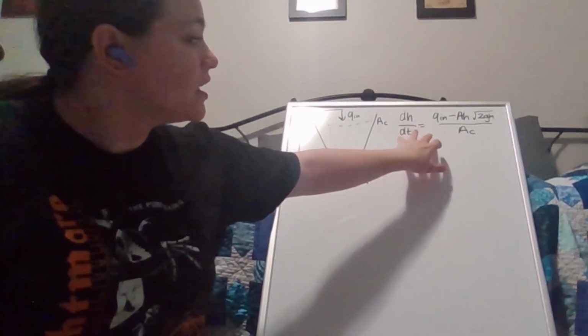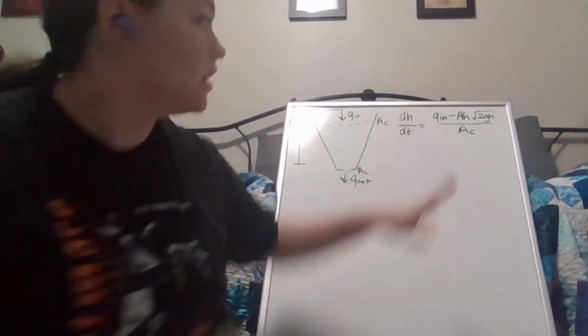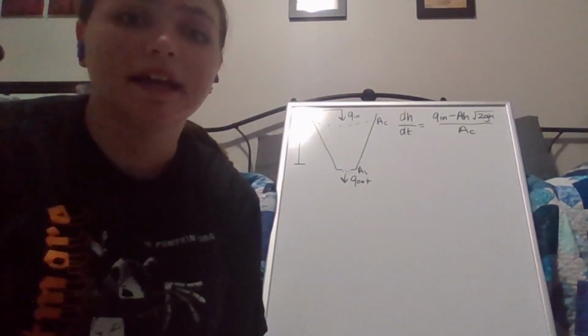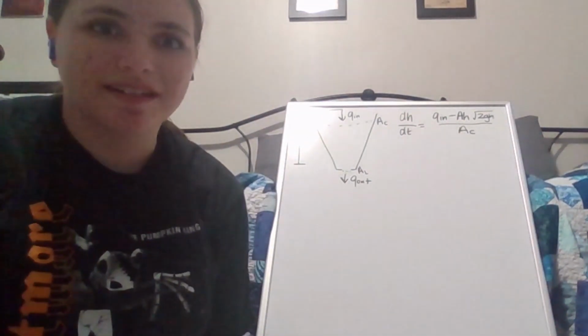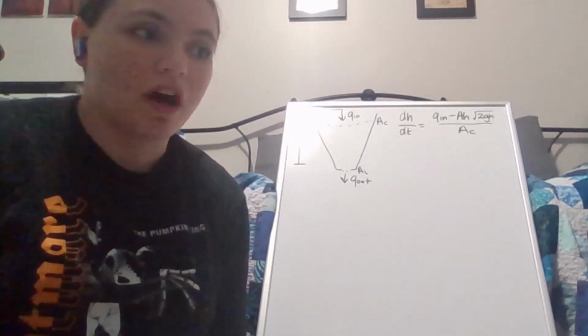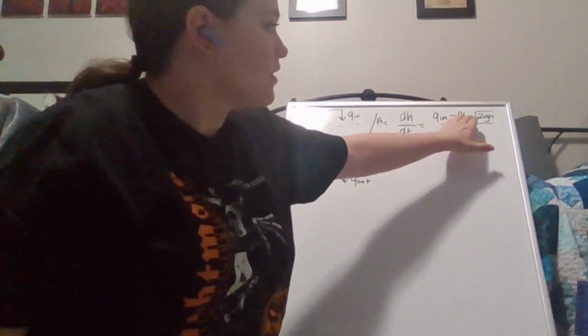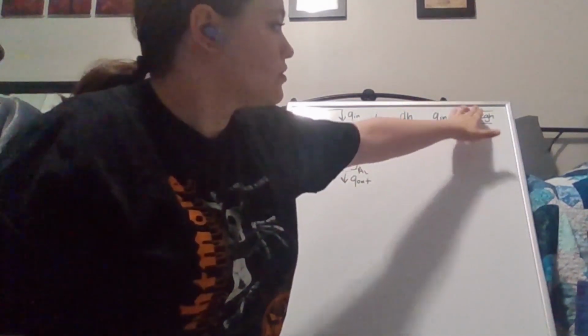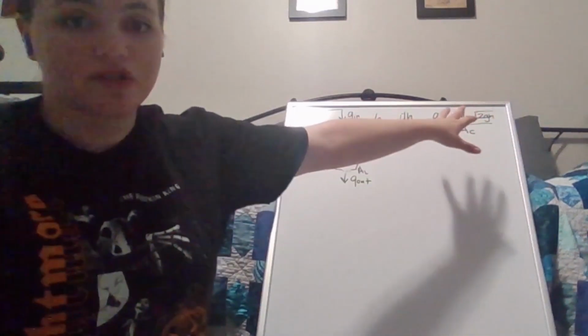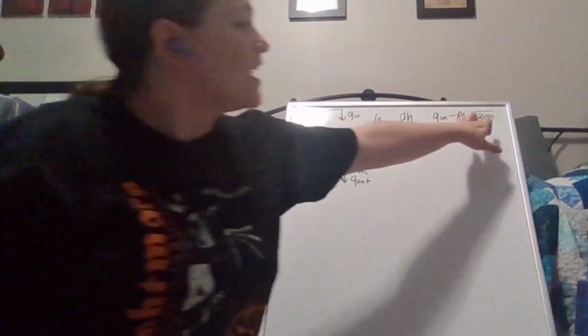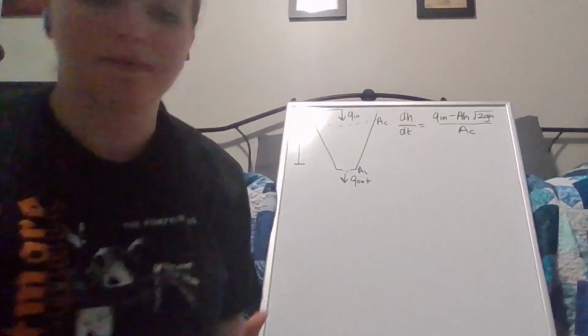Now, when we continue looking at this, we obviously need to find our Qin, right? Our Qin, when you manipulate everything, ends up being equal to AH times the square root of 2gH. We need it to be our initial height, because height is ever changing and based off time.